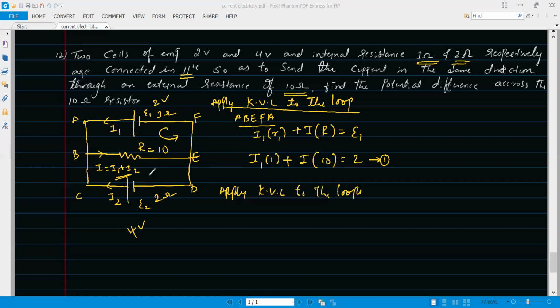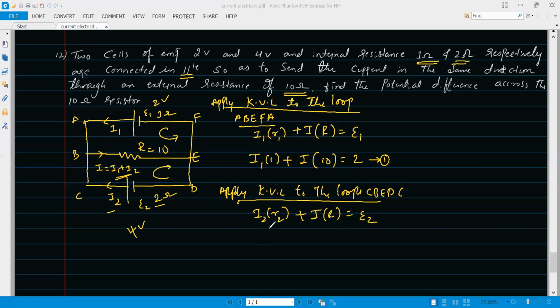Let us apply it to this loop, C, B, E, D, C. Applying it to this loop, we can write: the current here is I2 and the internal resistance is R2, therefore I2 into R2 plus I into R is equal to the total EMF E2.